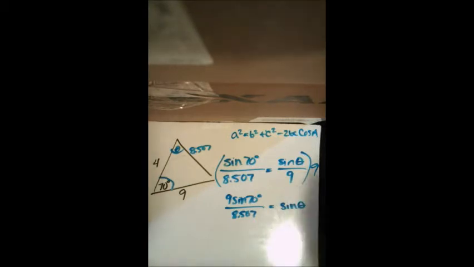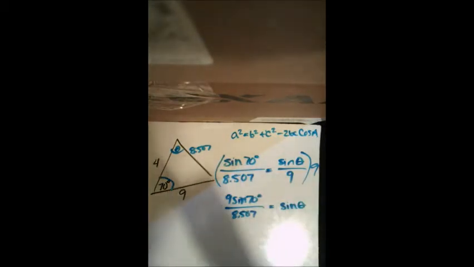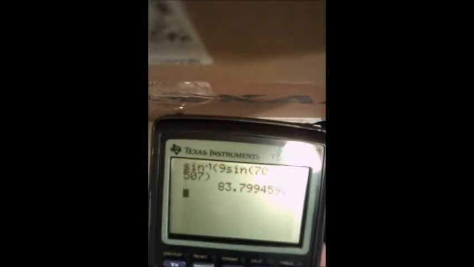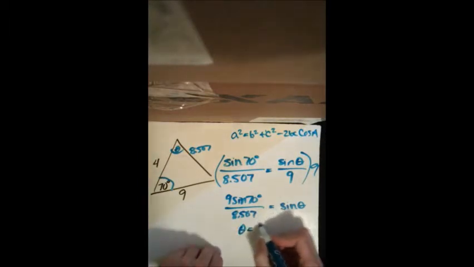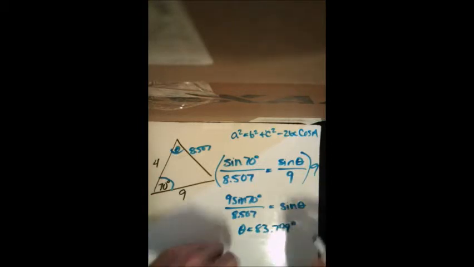And then to get rid of that sine again, we do the inverse sine, and we can do that on the calculator. So I'm going to find the inverse sine of 9 sine of 70 over 8.507. It comes out to be 83.799. So that angle there is going to be 83.799 degrees.